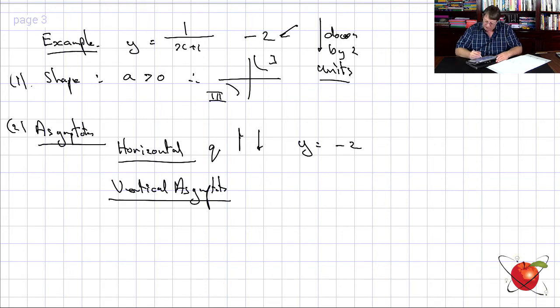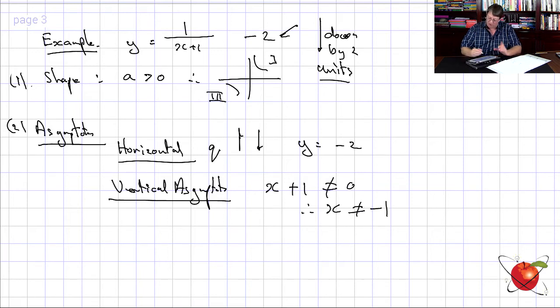Asymptotes. You can just say it's going to be a restriction where x plus 1 cannot equal 0. Therefore, x cannot equal minus 1. Or you can say y is equal to a over x plus 1 minus 2.